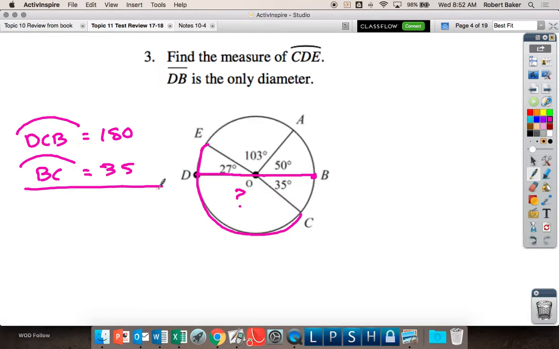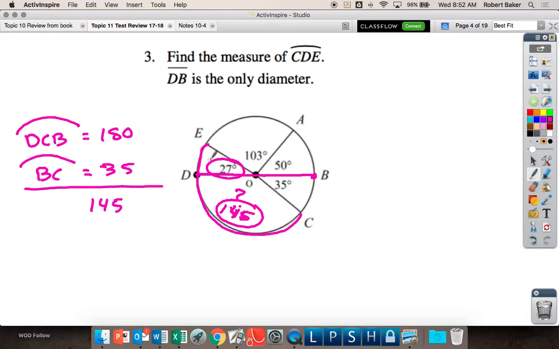So 180 minus 35. So if this arc is 145 and this arc is 27, if you add those 2 arcs together, it gives you the degree of the arc that you're trying to find.